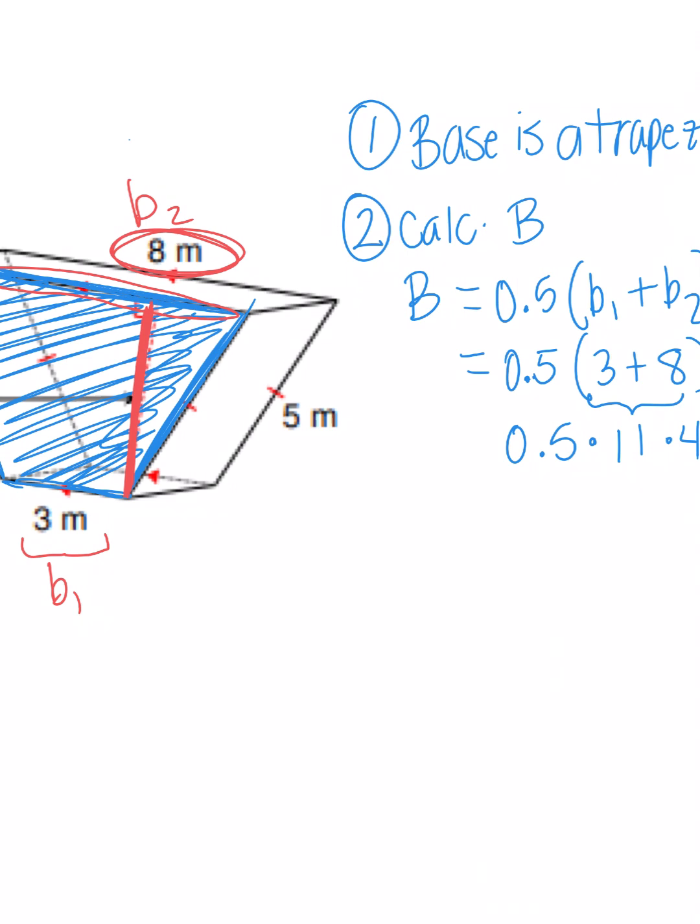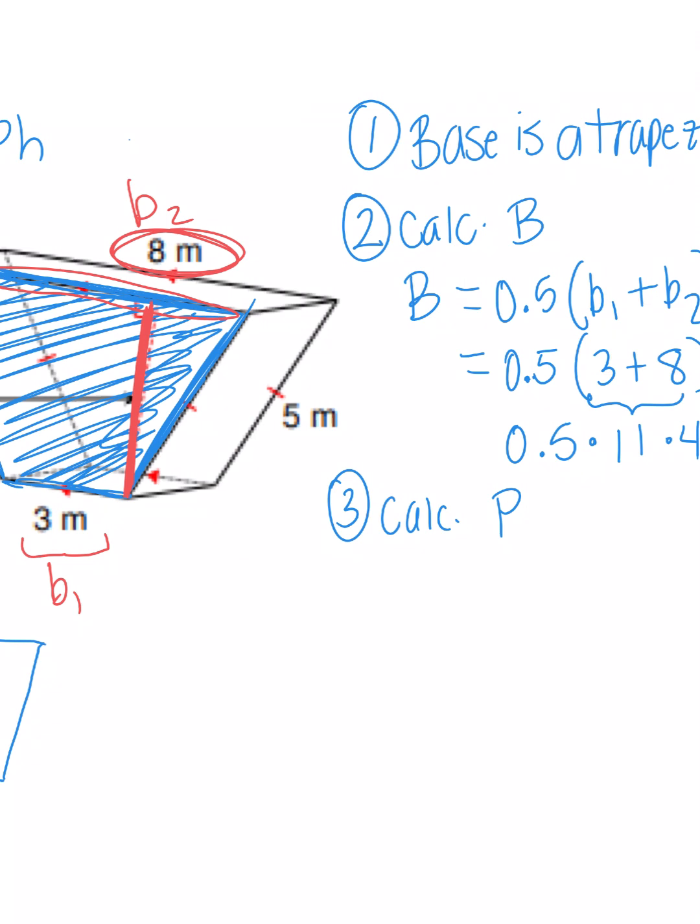Once you get capital B, it goes a lot quicker. We now need to get our P, because my formula is 2B plus PH, because it is a prism. To get P, that's just perimeter, which means I'm just adding up the outside edges of that trapezoid. Again, I'm going to draw it flat, just like I did the rectangle in number 1. I know that this is 3 and this is 8.